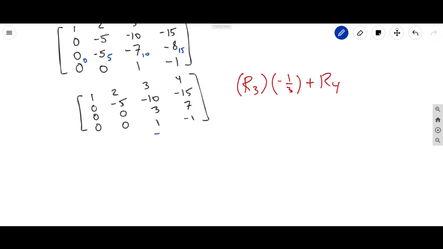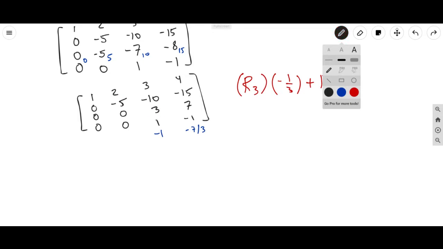this would be -1, this would be negative, so 7 times minus a third. So 7 multiplied by minus a third is negative 7 over 3, like that. So that's what we're doing. You see, the pivots are being left alone. We're not turning these pivots into a 1. We're just leaving them alone.